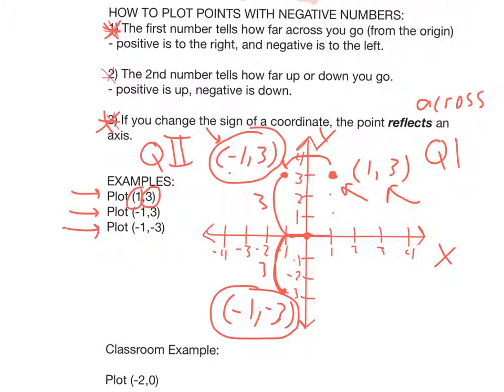The first coordinate is always going to be negative, and the second coordinate will always be positive in quadrant 2. In quadrant 3, both coordinates will be negative. And in quadrant 4, if there was a point that we plotted over there, the first point would be positive and the second point would be negative.